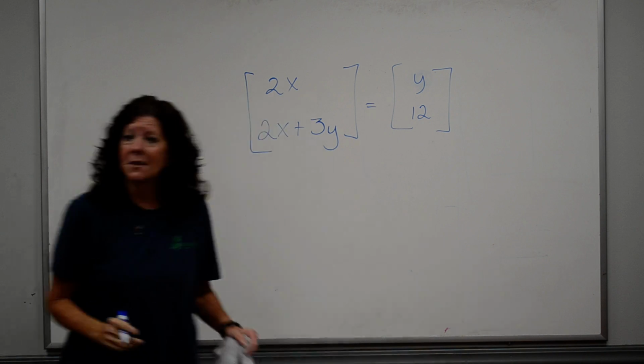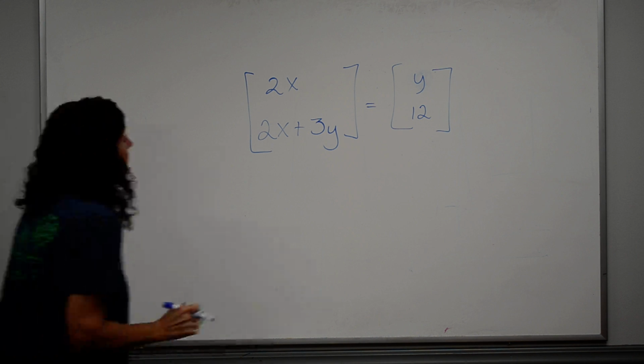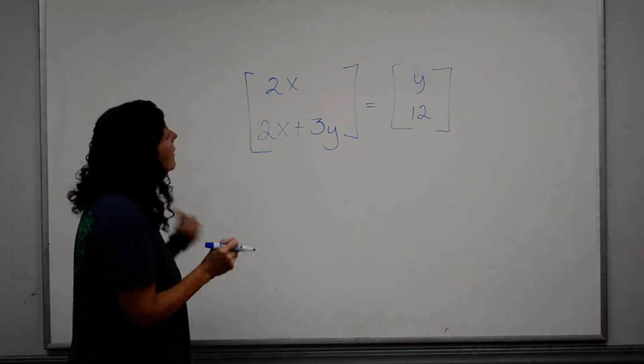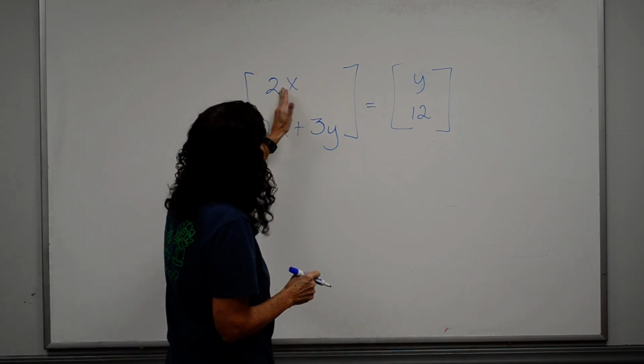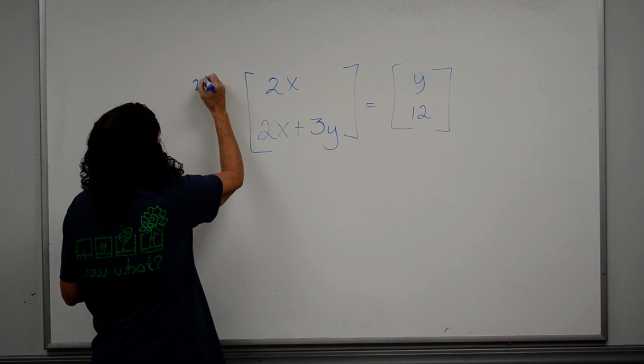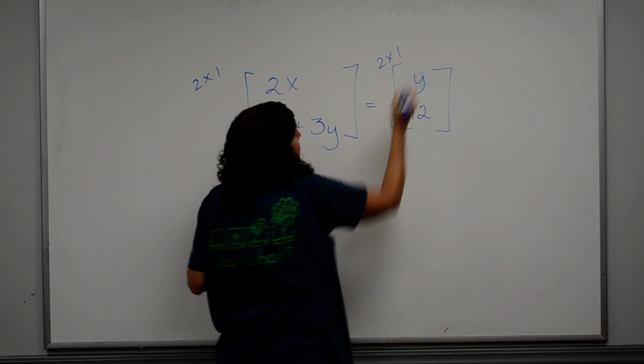Okay, I tell you that these two match up. Okay, you look at me and you go, they don't look like it to me, okay? They don't look like they match up. Well, I can turn around and I go, okay, first row, first column. This is simply a 2 by 1 matrix. This is also a 2 by 1 matrix, okay?